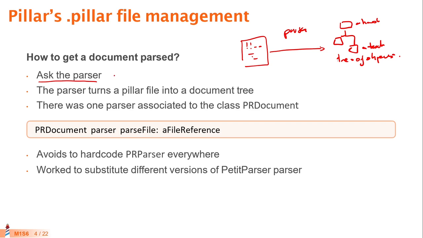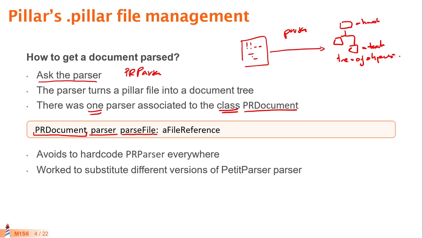In fact, in Pillar there are several parsers, and one in particular is called PR parser. There was one parser because at that time there was only one syntax, associated with the class PR document. This is what we see here. When we want to parse an input, we ask the class, can you give me the parser?